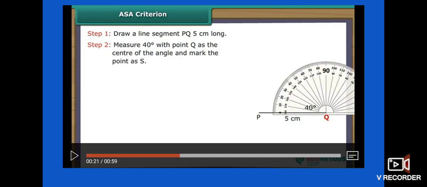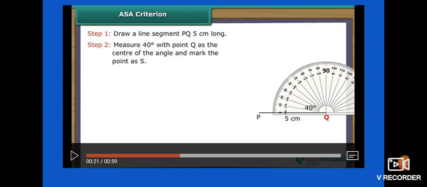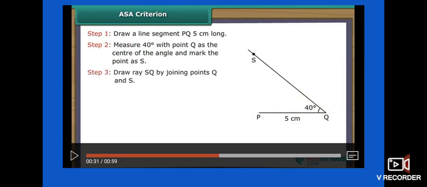Then by using our protractor, we also take 40 degree. Then mark here point S, then join Q and S like this.